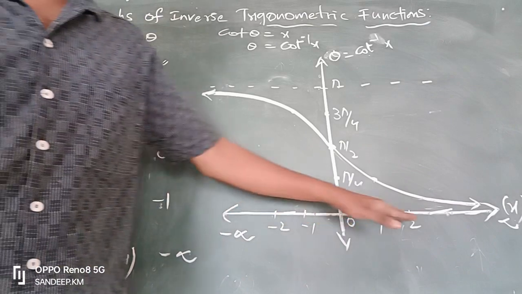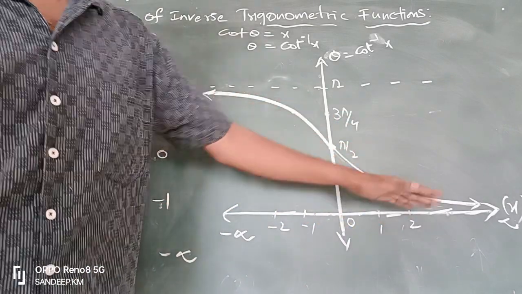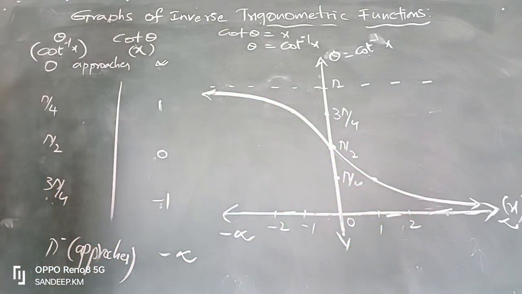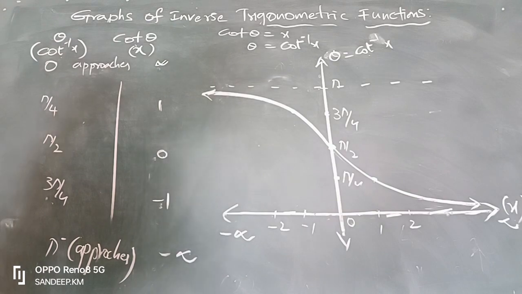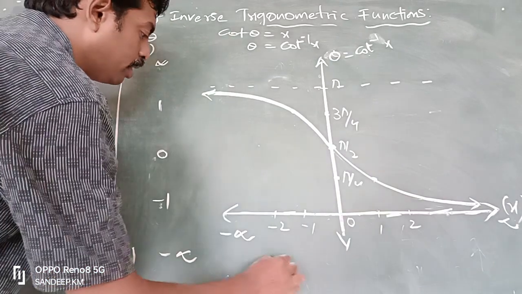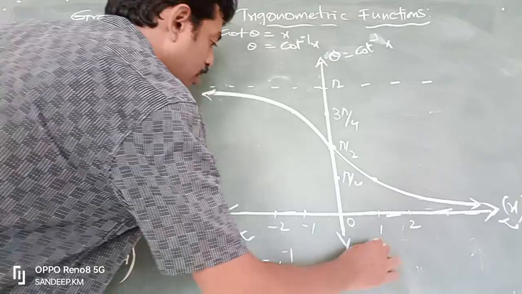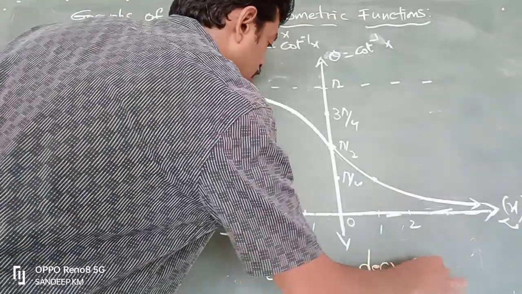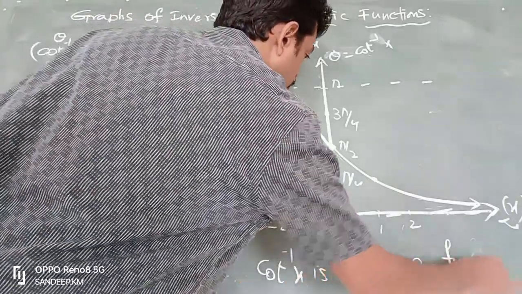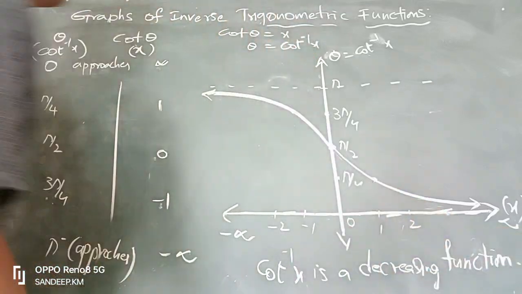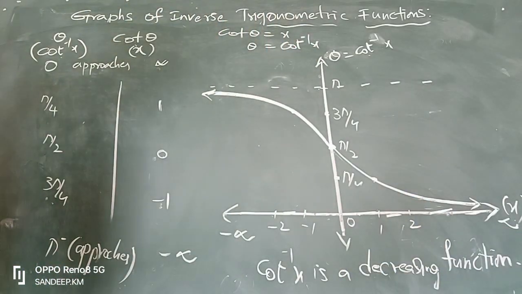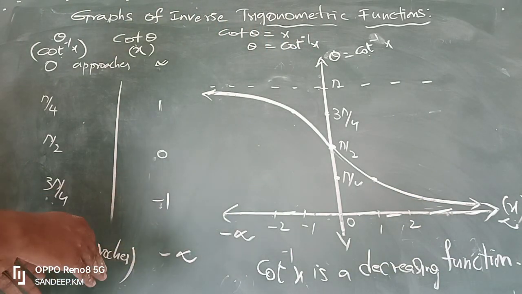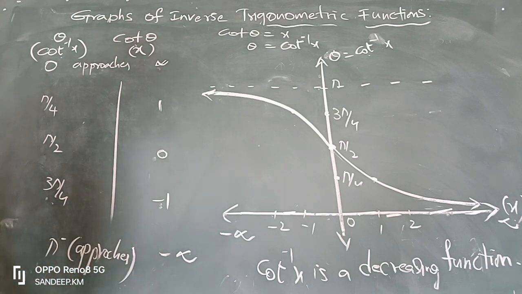When input increases, the output decreases, which means cot inverse x is a decreasing function. Sin inverse x and tan inverse x are increasing. Cos inverse x and cot inverse x are decreasing.